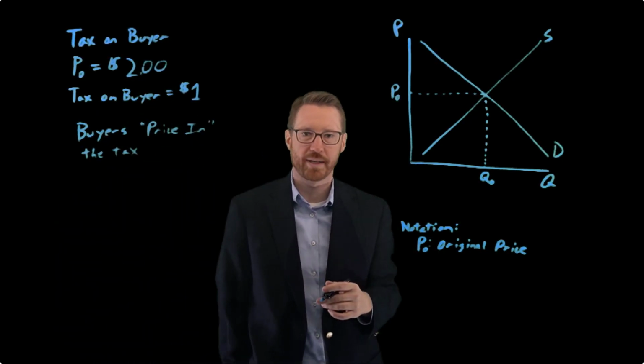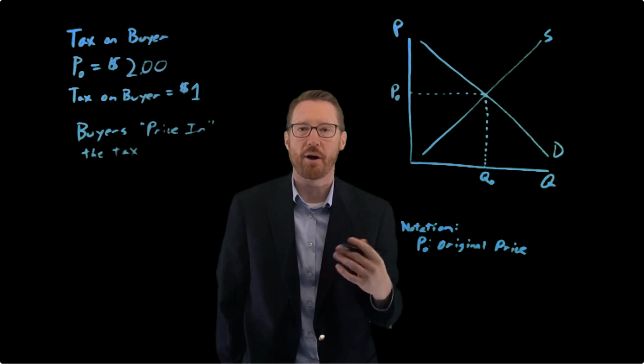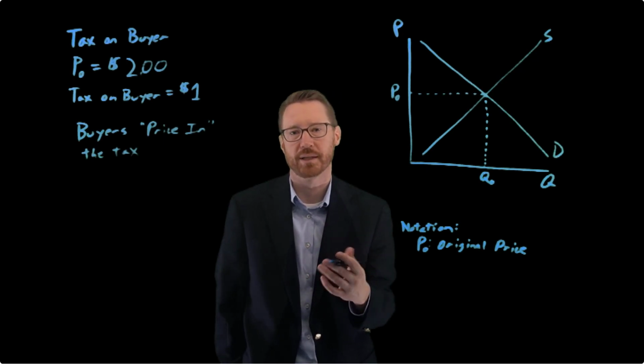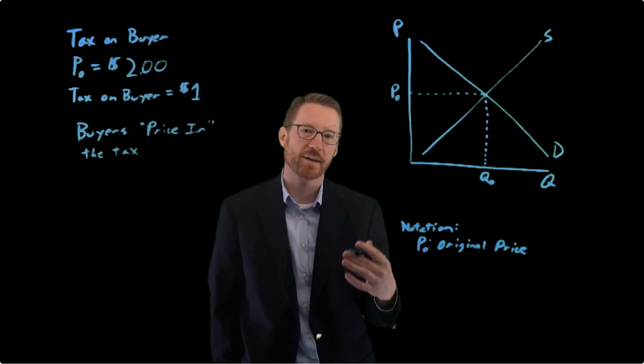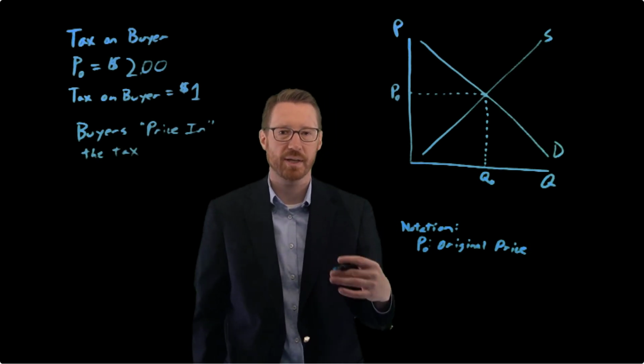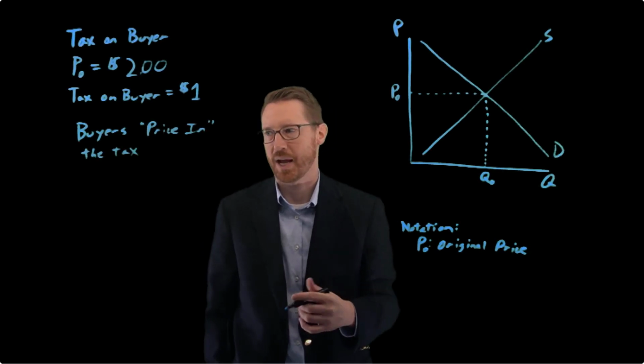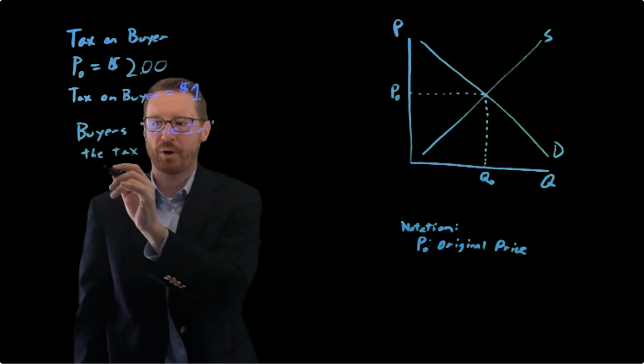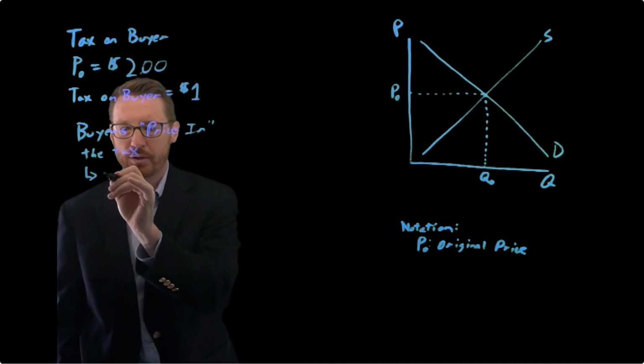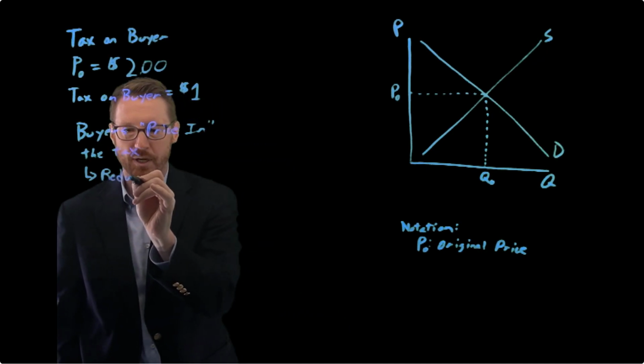How do they price in that tax? Well, it looks an awful lot like a reduction in their income. They have less that they can actually spend on goods at the store because they have to also pay this tax. So when the buyers price in the tax, it looks like a reduction in demand.